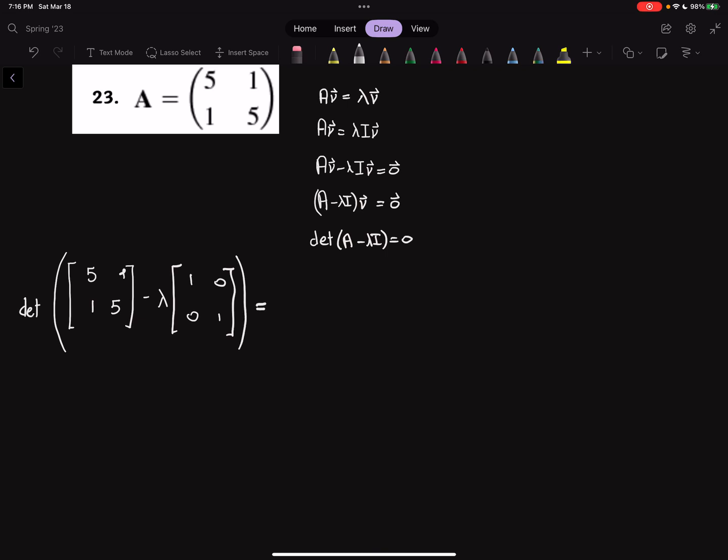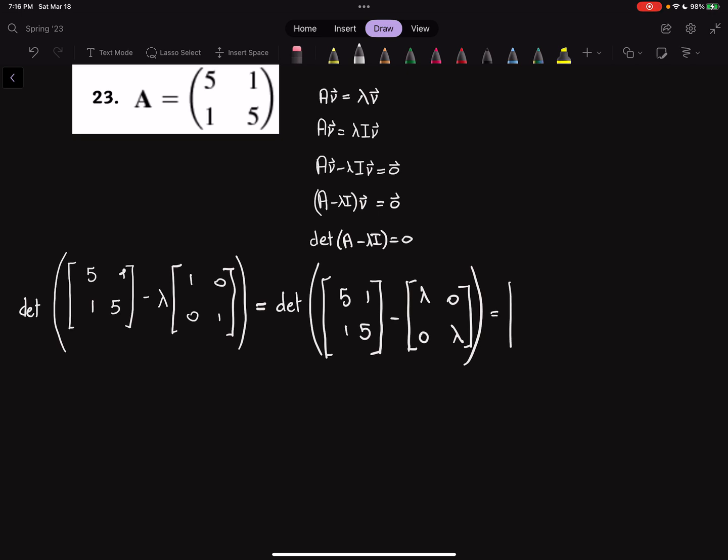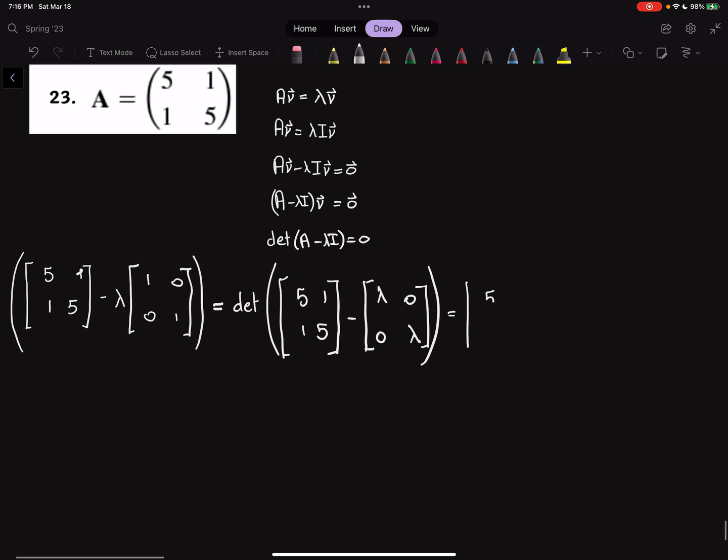This is going to simplify to the determinant of 5 1 1 5 minus lambda 0 0 lambda. And then if I execute the subtraction, I can write the determinant like this: 5 minus lambda, 1, 1, and 5 minus lambda.